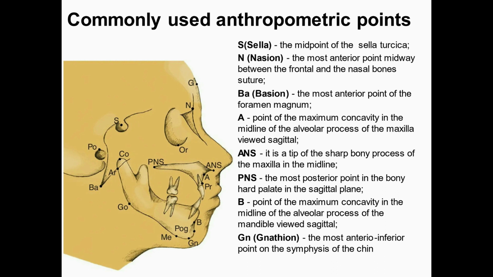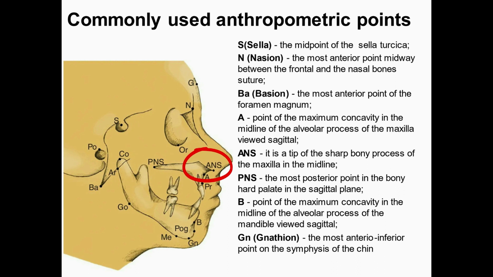Commonly used anthropometric points are sella, the midpoint of the sella turcica; nasion, the most anterior point midway between the frontal and nasal bones suture; basion, the most anterior point on the foramen magnum; A point, the point of deepest concavity on the anterior profile of the maxilla; ANS, anterior nasal spine.